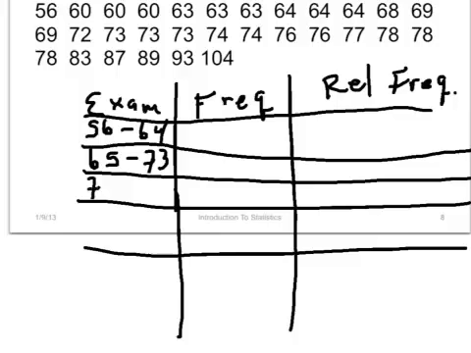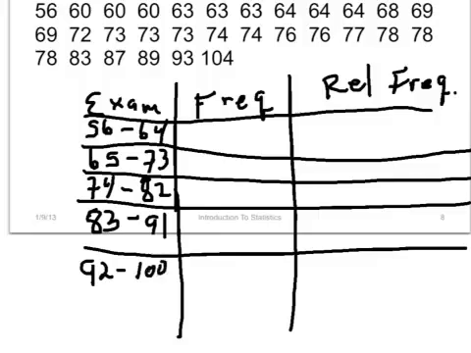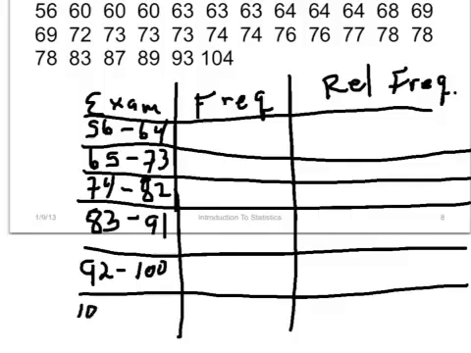The next one is 74, this will go up to 82. And then the next one will go from 83 all the way up to 91. And then we get 92 all the way up to 100. And then finally our last bin is going to go 101 all the way up to 109.